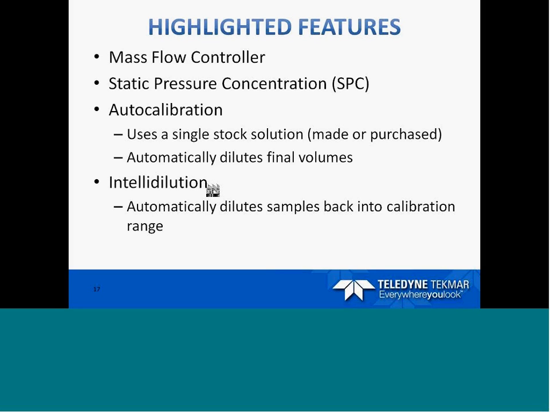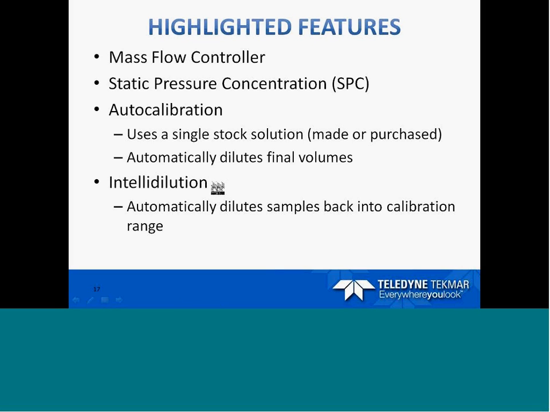So the system is able to tell, okay, I've got a sample that is, let's say, 50 ppm, and I need to do a 1 to 10 dilution in order to bring that back into the center of the calibration range. So there are different things that you can set up in the software.